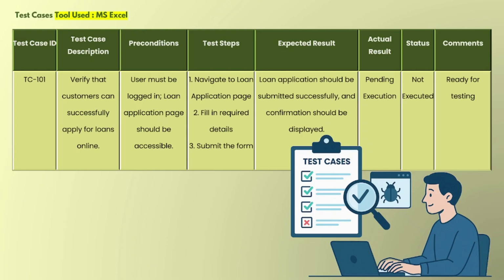Again, the tool here is MS Excel, which is very popular. So how is a test case table written down? First is the test case ID, then the test case description. A test case means that whatever we have created, before it is implemented, we test whether it is working properly or not.